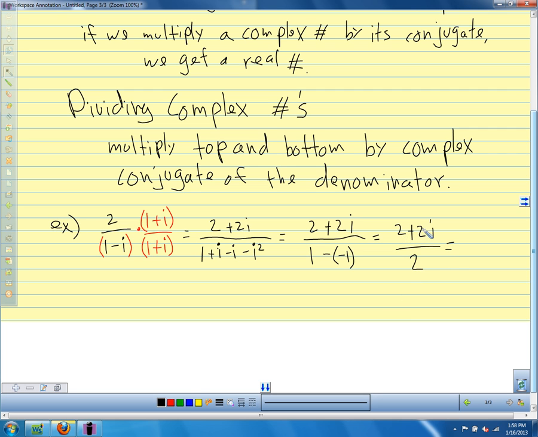I have a 2 in every term on the top and 2 on the bottom, so I just get 1 plus i. I can divide everything by 2. So dividing complex numbers means we multiply the numerator and denominator by the complex conjugate of the denominator, and then we simplify our answer.